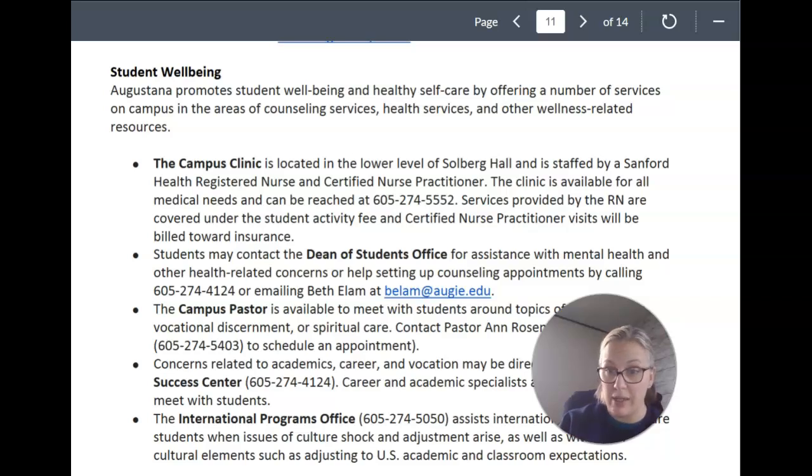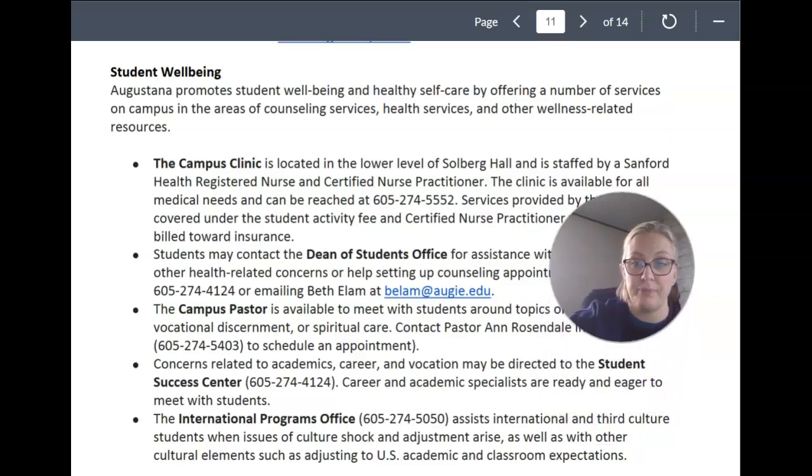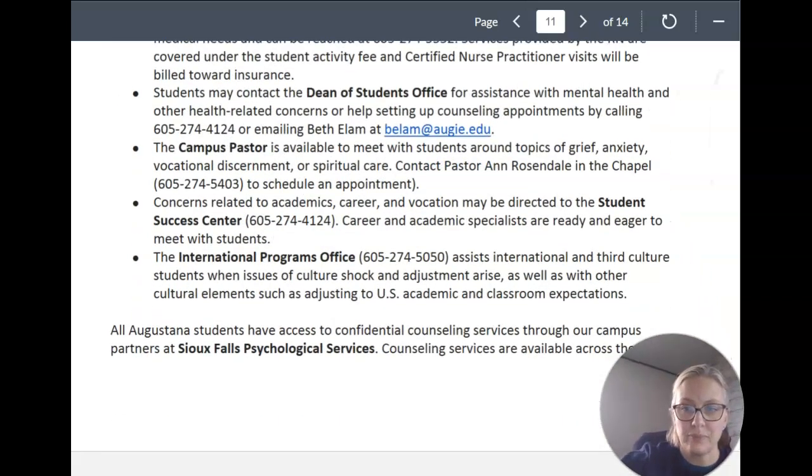Life happens, right? Stressors happen, pregnancies happen, we lose a loved one, we get sick, all the things. So please, we don't want you to send yourself into a whirlwind of breaking down and having a panic attack over anything. Please know that your well-being is important to us as well, and you do have resources through Augie as well.